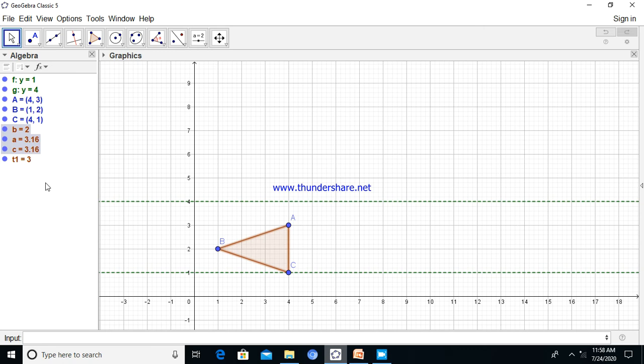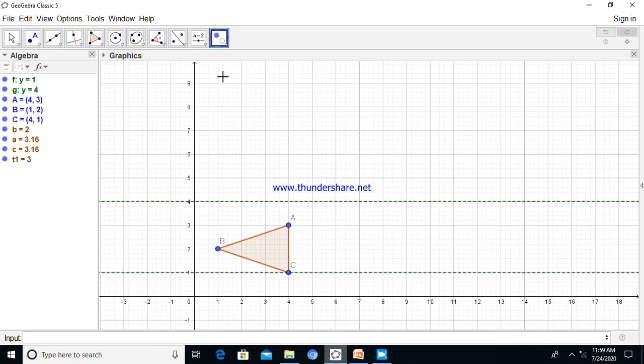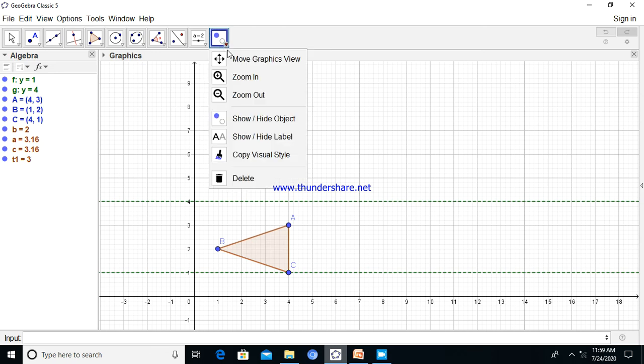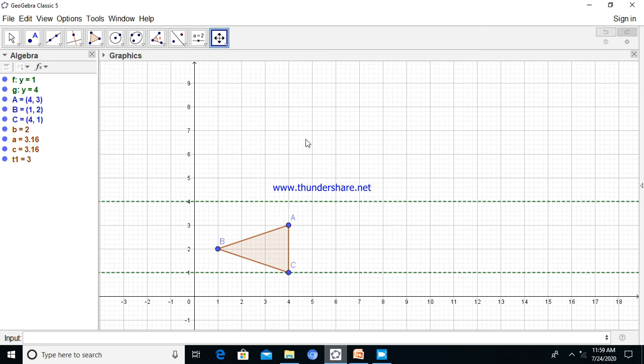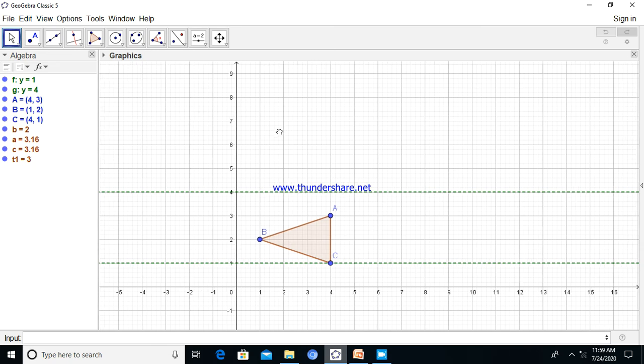Now dear students, here also the formation of its images. Let me adjust this graph. Okay, it's okay.